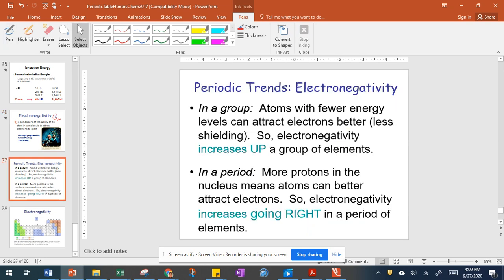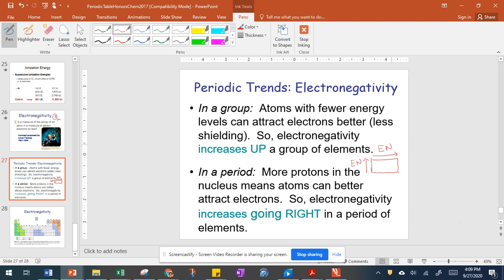So the trend here is, again, the opposite of a radius trend. If we look at our periodic table, remember the radius increases going down a group. Ionization energy and electronegativity will increase in the opposite direction. Same thing going across the period. It will increase in the opposite direction to the increase in radius.